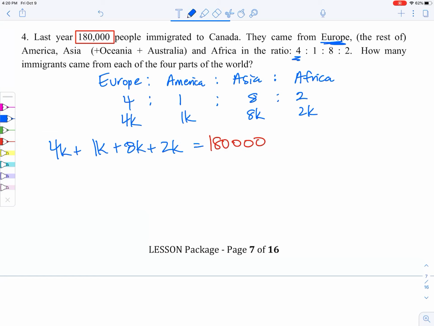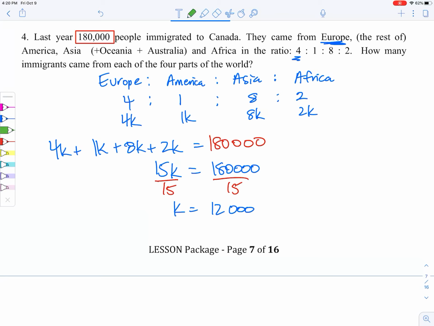So let's figure out what each K is. So 2 plus 8 is 10 plus 1 plus 4. So 15K equals 180,000. Divide both sides by 15. And we get that K equals 12,000.